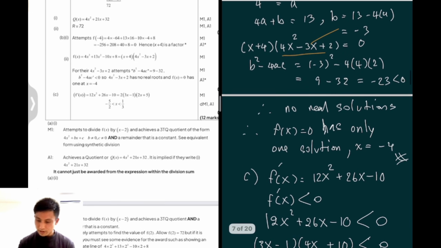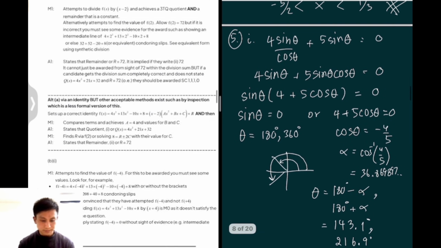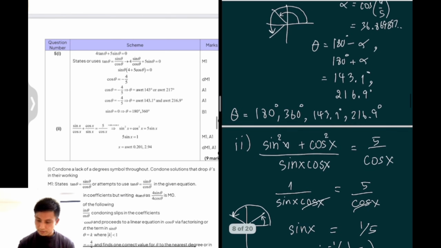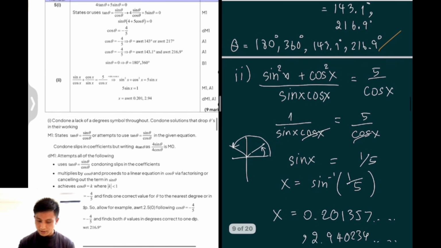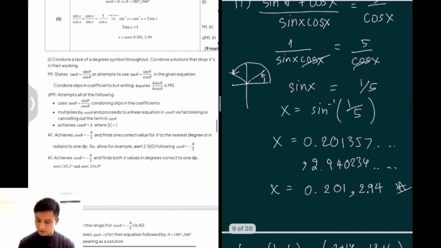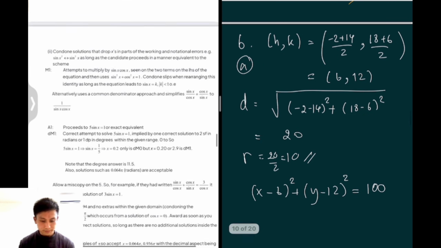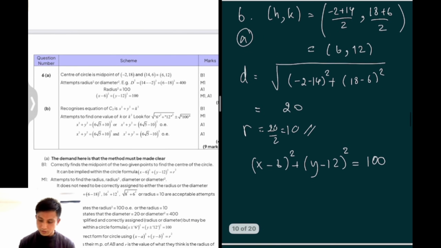And then the right range down here. Okay. Number 5, these are all the answers. Everything looks fine. And then 0.212, 92.94. Yep, that is the equation.